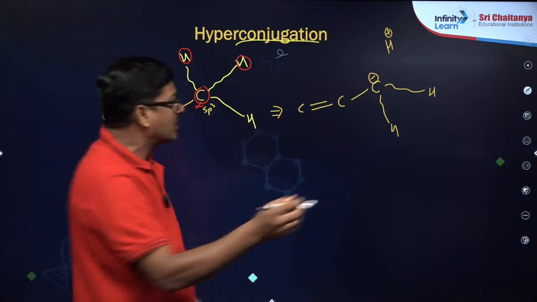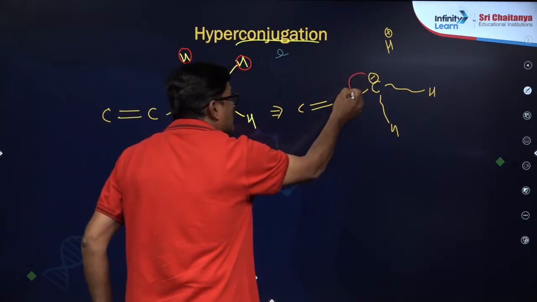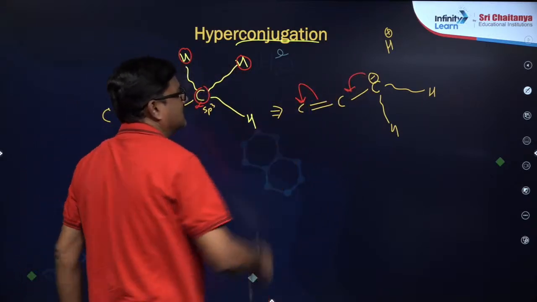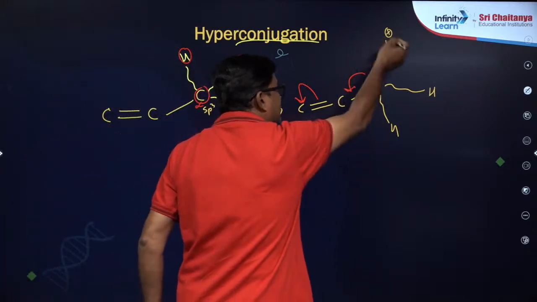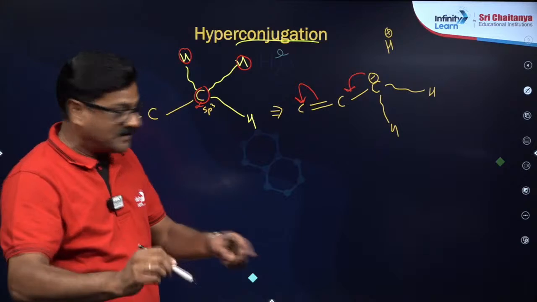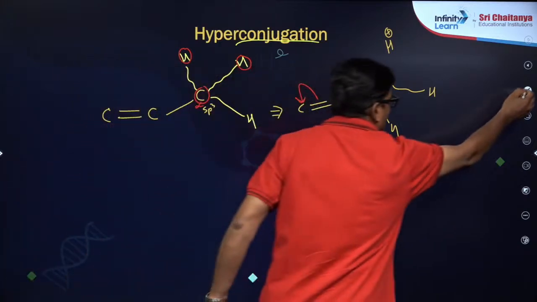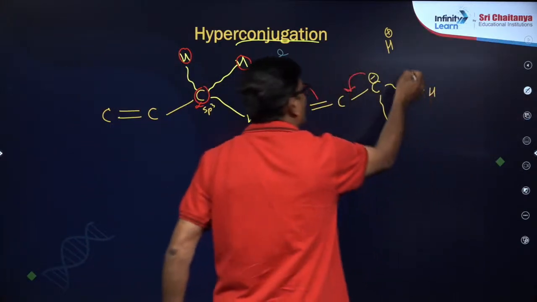When the bond is broken, it immediately enters resonance, and the bond is going to replace it here, and this phenomenon is known as hyperconjugation. You can see this bond again will come here.